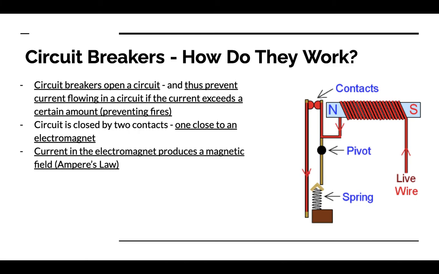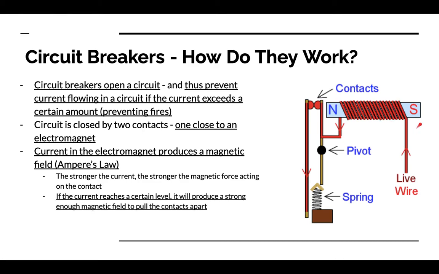So what happens is that the current in the electromagnet produces a magnetic field by Ampere's law, okay? As a result, the magnetic field is going to attract this rightmost contact right here, and it's not going to pull it apart unless the magnetic field becomes too strong. How does the magnetic field become too strong? Well, that happens if the current reaches a sufficient level. Remember that the stronger the current, the stronger the magnetic field, and hence the stronger the magnetic force acting on the contact.